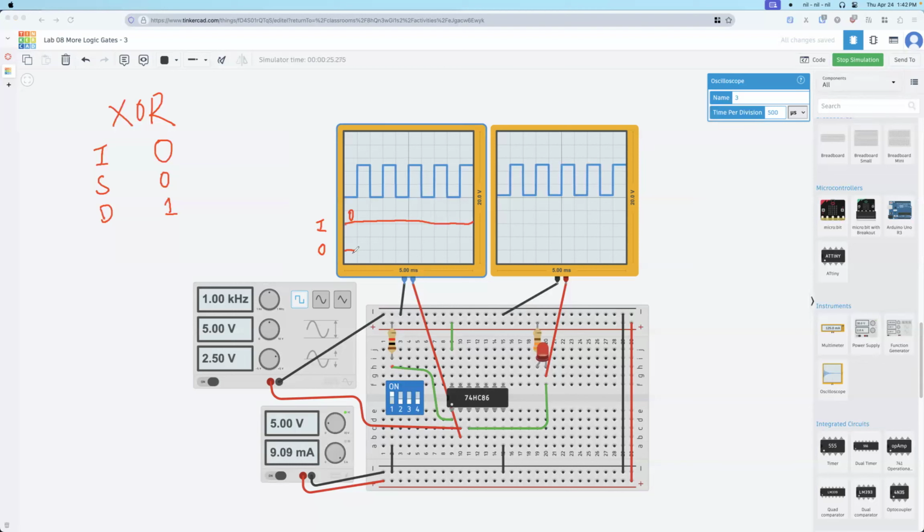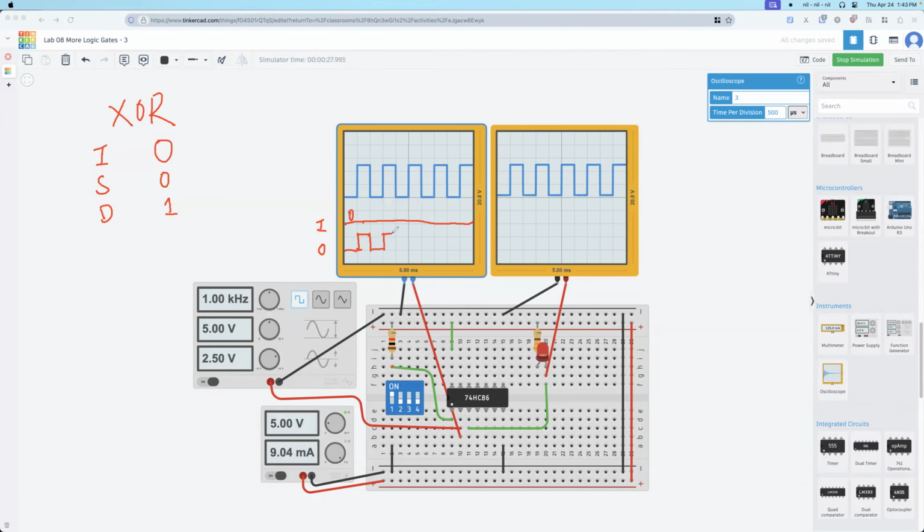Okay. Then the last one, so 0, 1, 0, 1, right? So different, so output is 1. Then same, so 0, so go here. Then different, 1 and 0.